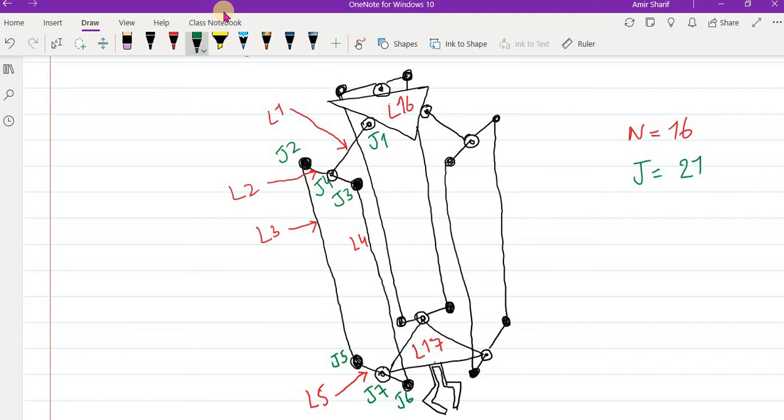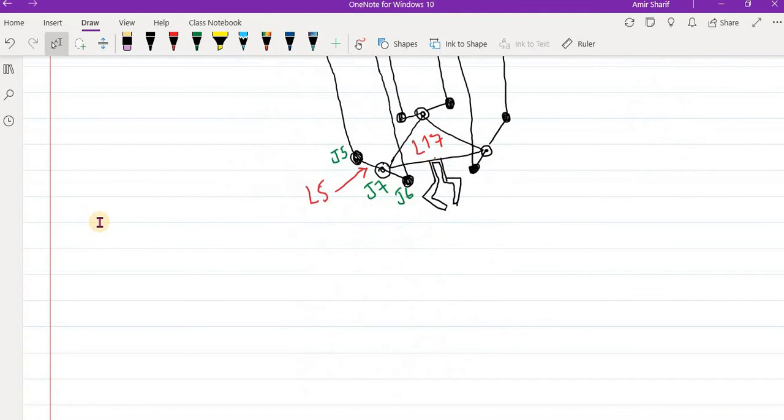So once we have the joints and links, I think it's easier to find the degrees of freedom. Keep in mind that this is a 3D Delta robot. It's a 3D representation.